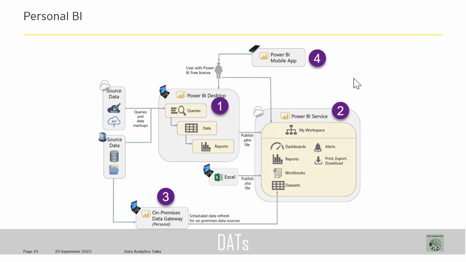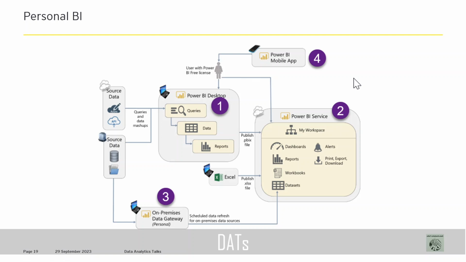Here you look at, we have multiple checkpoints. So I am using Power BI for my personal use. I have the data sources. Then I use Power BI desktop to develop queries, data, and reports. Once developed, what will happen? It will be published to my workspace.